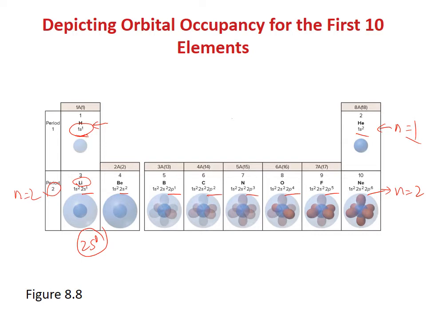If we look at helium and neon, helium has a full outer shell, 1s2, and neon, 2s2 2p6, also has a full outer shell. Elements with similar outer shell electron configurations tend to have similar chemical properties. So helium and neon are both very stable, and they usually don't form compounds.